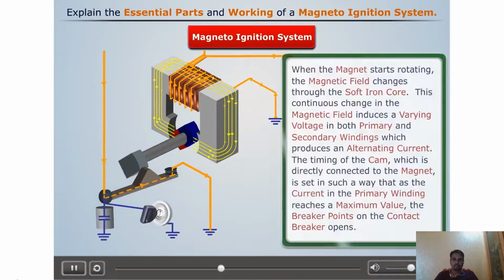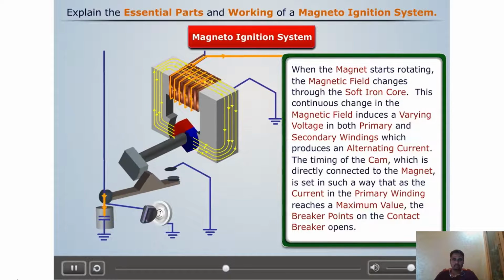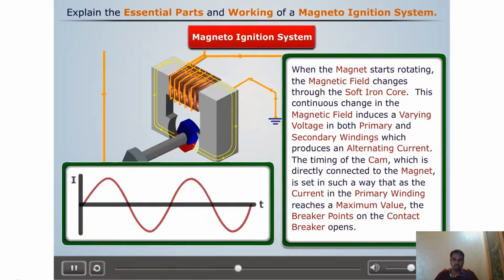Now let's try to understand the working of the magneto ignition system. When the magnet starts rotating, the magnetic field changes through the soft iron core. This continuous change in the magnetic field induces a varying voltage in both primary and secondary windings, which produces an alternating current.